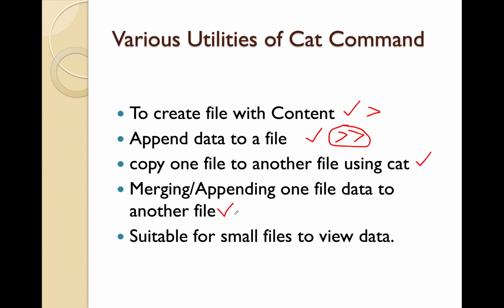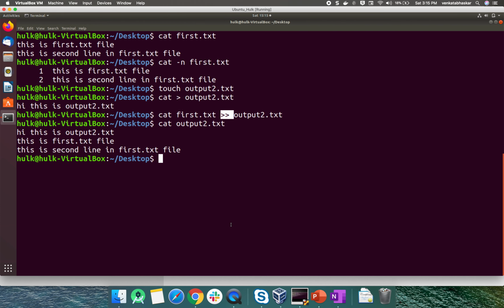So this is for appending file data to another file. These are the uses of the cat command. Basically the cat command is used to view small files, best suited for small files. If you want to see large files, how can I do that? I will explain that concept in the next session. Okay, this is the cat command.